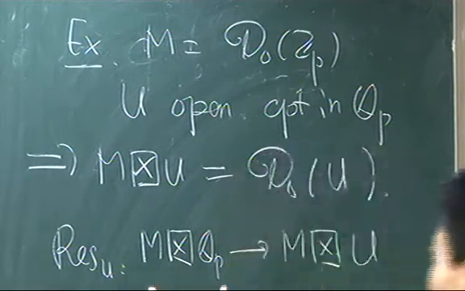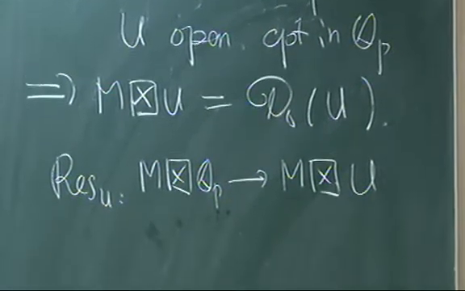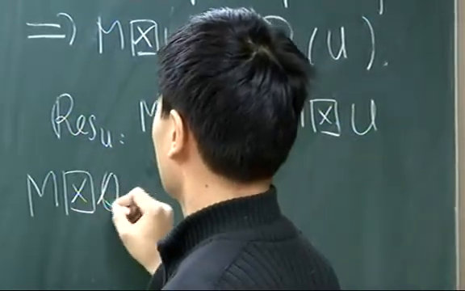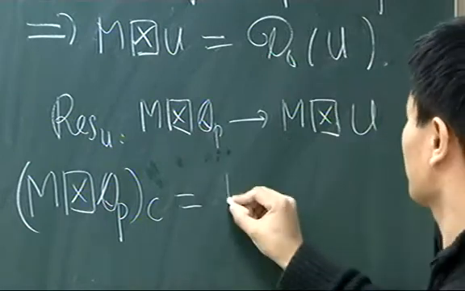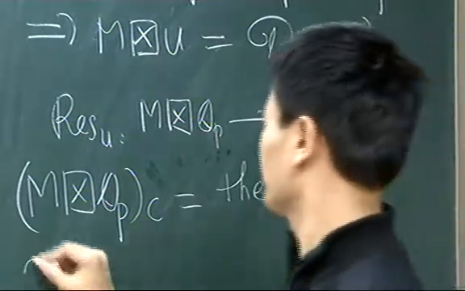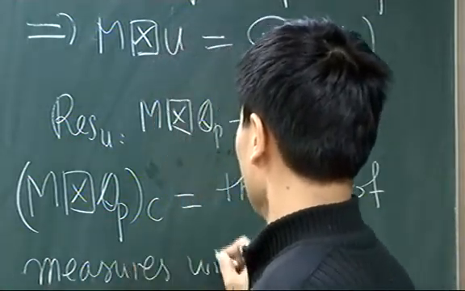So if you have a measure here, you just restrict in Q_P, you get a restriction to U, and then you get this restriction. And this one is measures with compact support. So the set of measures with compact support.